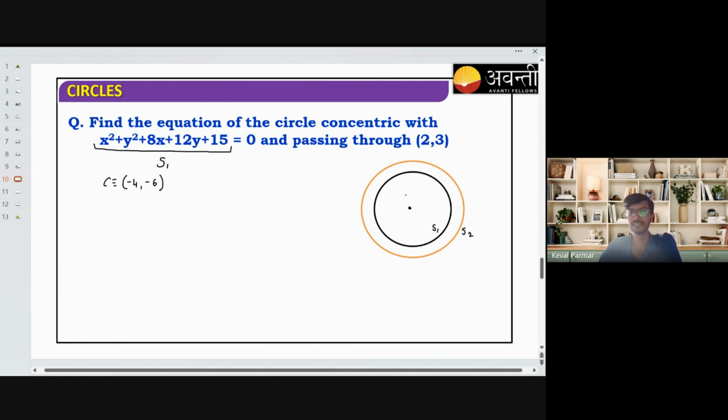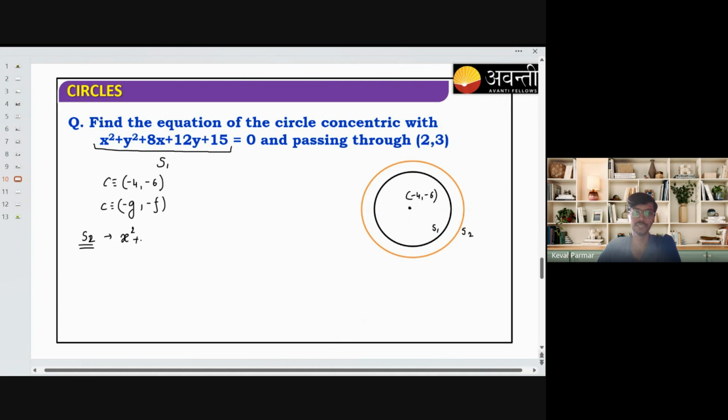So this center is (-4, -6). Correct? Now what do we want? We want to find the radius. So this is basically (-g, -f), the center. So for S2, what will be the equation?